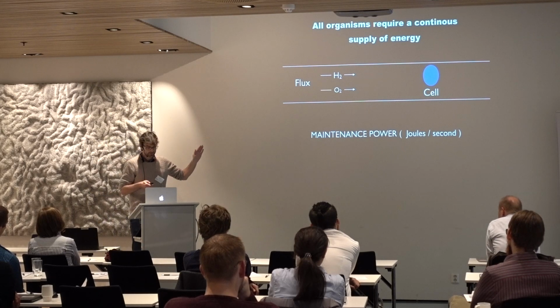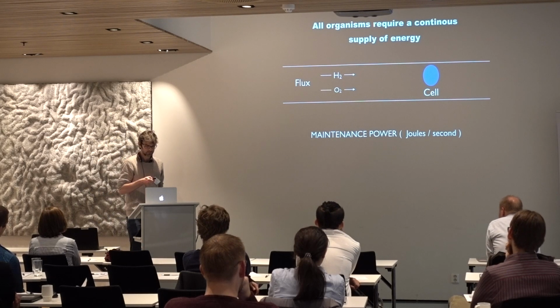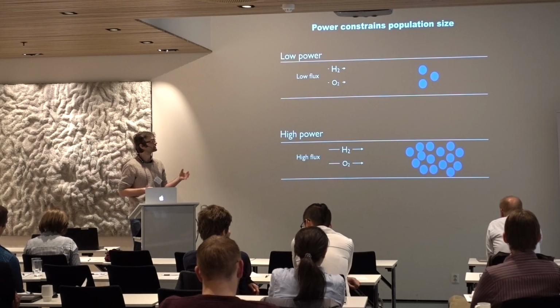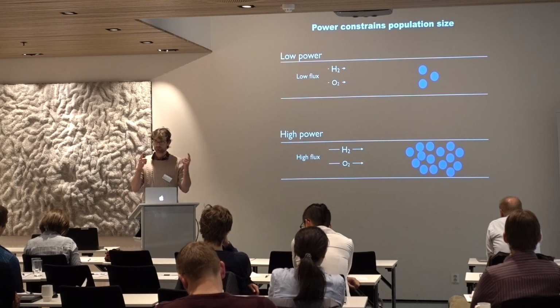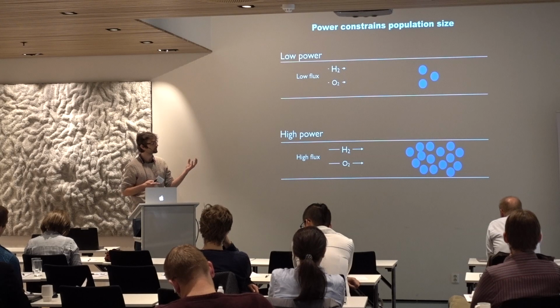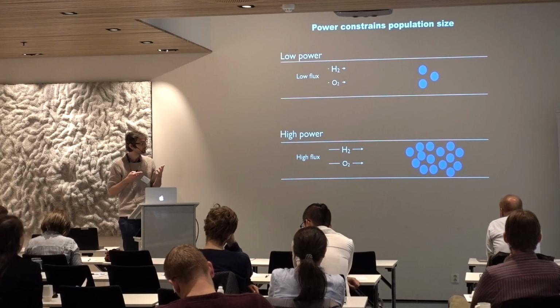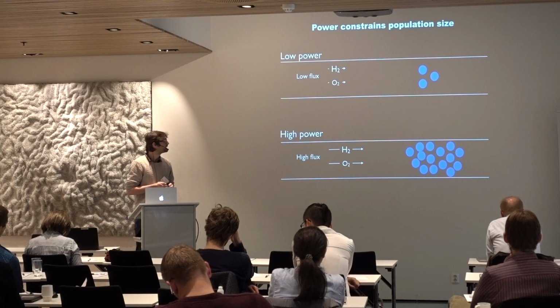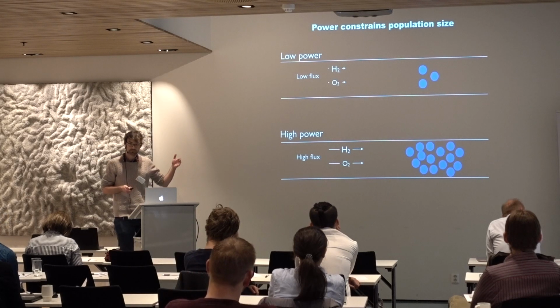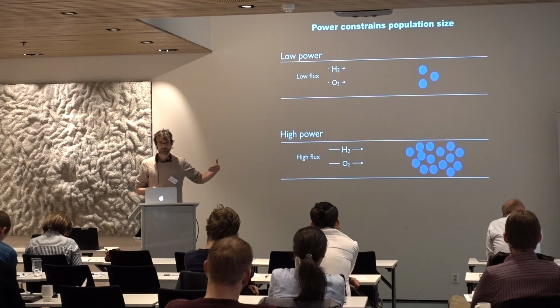So we can extrapolate from this and talk about how much power a certain community needs. If you have a community with very few cells, it might have a lower power demand than a community with a high number of cells. And the power is then also defined by the fluxes, right?